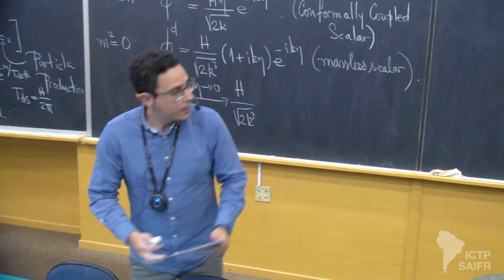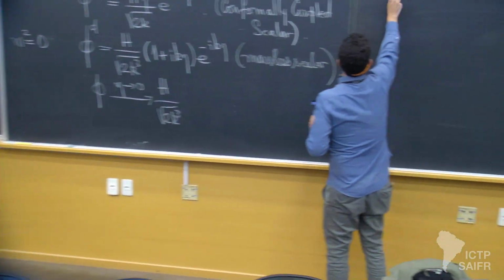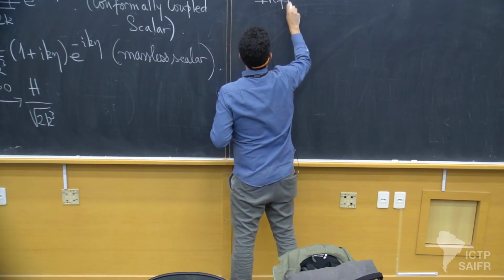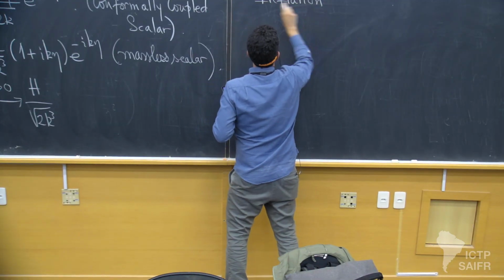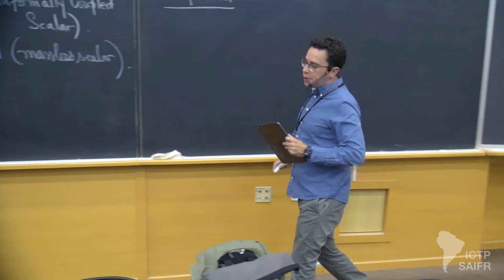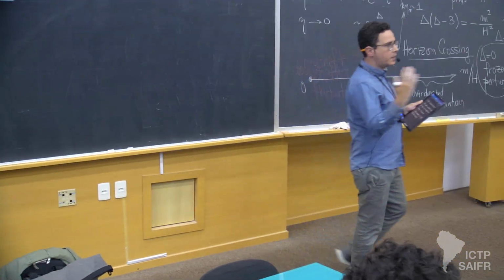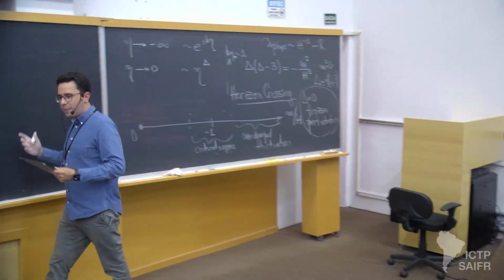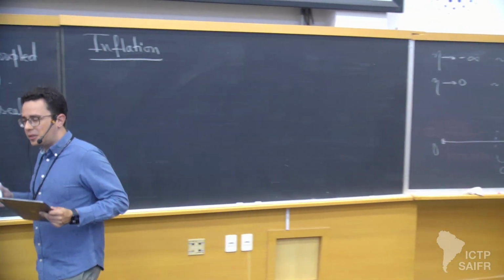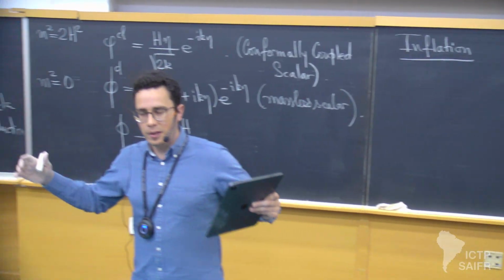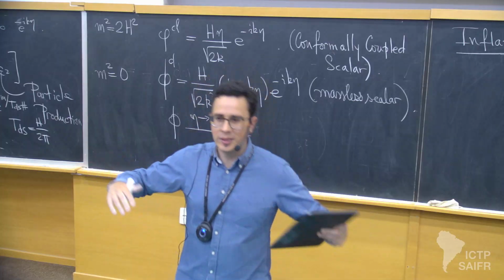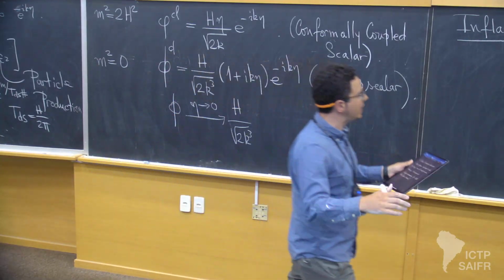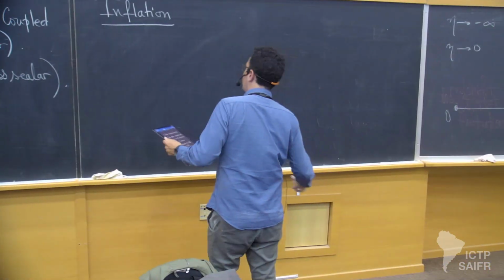Okay. Now let's talk about inflation. So, for inflation, you need to have something like de Sitter space, but you need to stop it. Of course, it would be nice to have a dynamical mechanism to stop it. The way we stop it is by introducing a clock field that starts and stops inflation, okay? You can say that you dynamically did it, but you really didn't, okay?